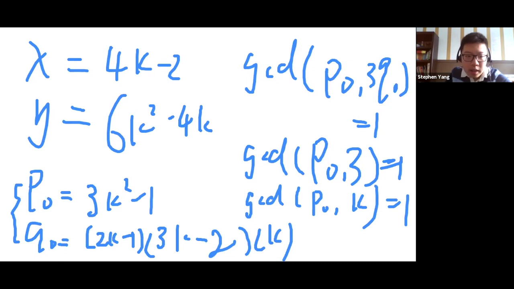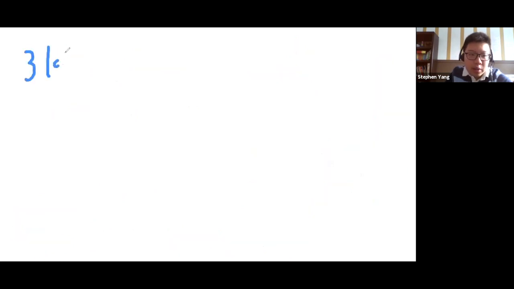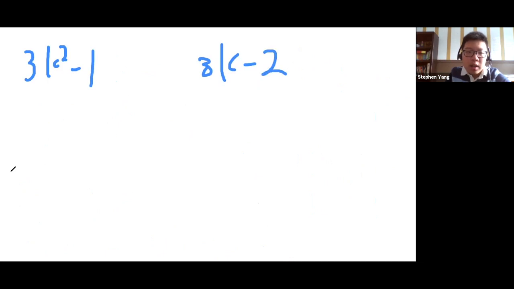Now look at 3k squared minus 1 and 3k minus 2. Let's find the greatest common factor.